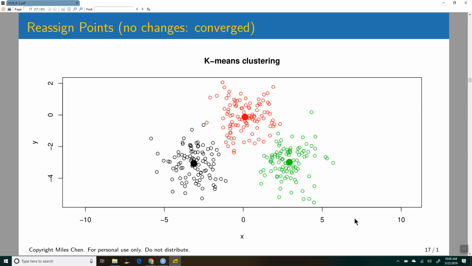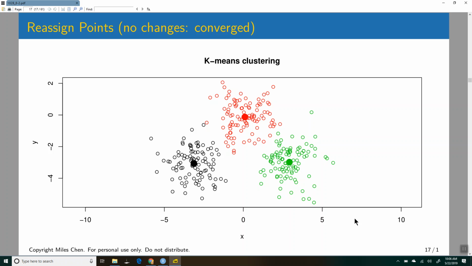Then when we reassign points, there are no changes. That means we have converged. I think it's kind of neat. So we reassign points, recalculate centroids, and then we reach convergence. Just a couple of points get reassigned here, and then it works.